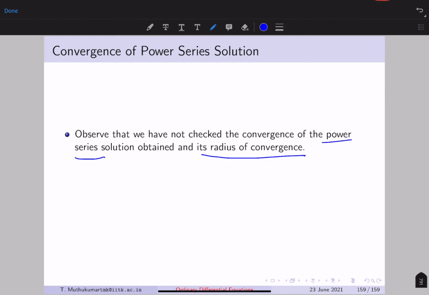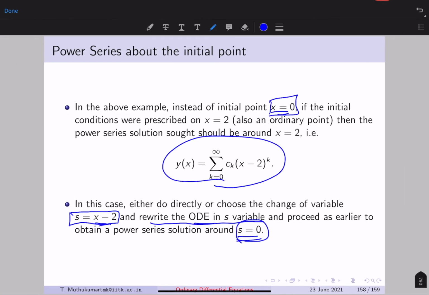So here, for instance, what I am trying to say is that when we started with this assumption for the unknown solution y, the question is, why will the y have a power series form? Need not be, we don't know that, which is why we are checking.